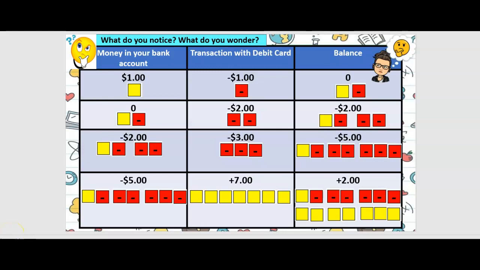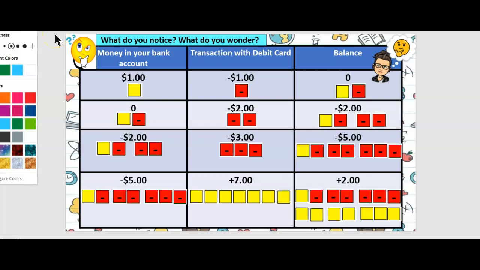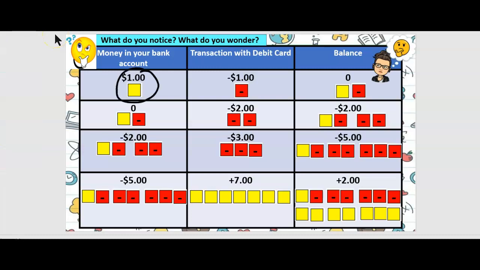Did you notice a pair? If you have $1 in your bank account, and you use your debit card or your parents' debit card, and you spend $1 using the card. What's your balance? Well, if you add these 2 together, this positive 1 and this negative 1, we said that's a pair. Positive and negative cancels out.